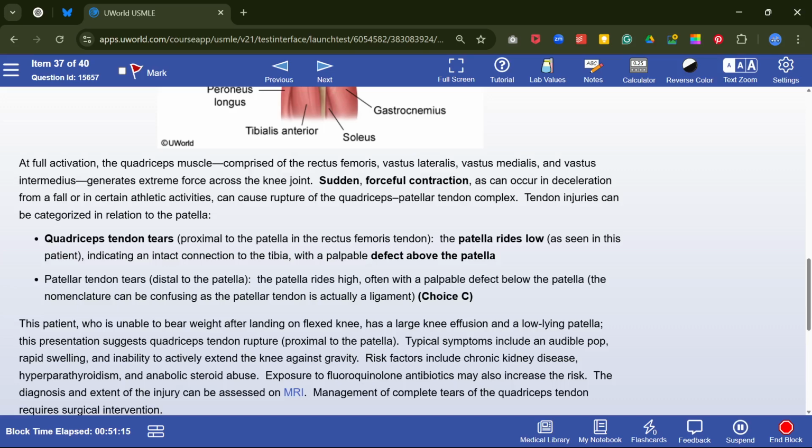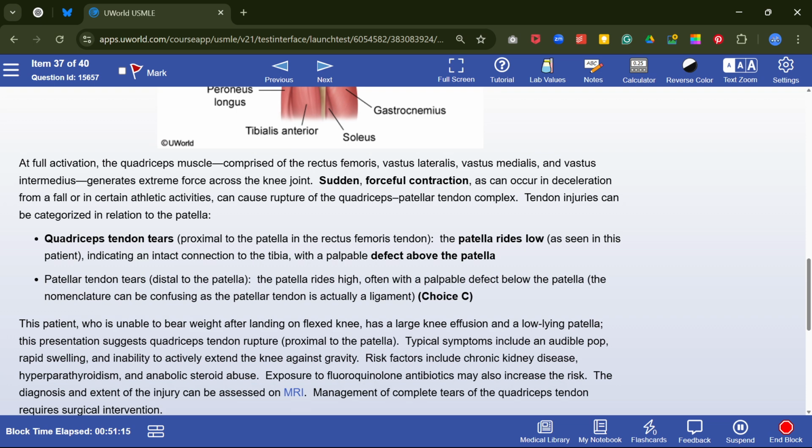Patellar tendon tear is distal to the patella, with the patella riding high, often with a palpable defect below the patella. The nomenclature can be confusing as the patellar tendon is actually a ligament.